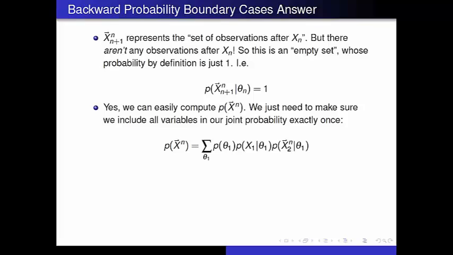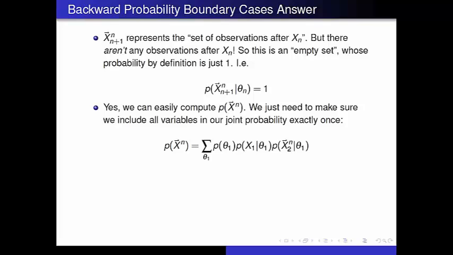Other questions about this? So I have in my notes that it says the joint probability of theta t and x to the n equals the forward times the backward. Theta t and x to the n, right.